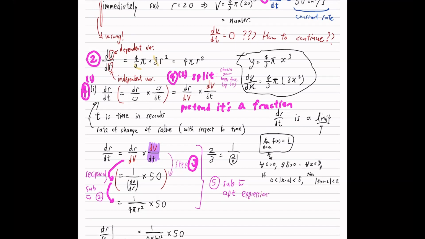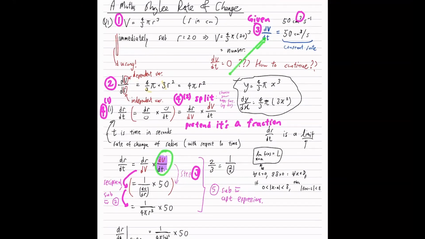Just sub the correct expressions. So dv by dt was given. dr by dv is not given. You need to do a bit of algebra. Rewrite it as 1 over dv by dr. Then you substitute with what you found, which is 4 pi r squared. So 1 over 4 pi r squared.